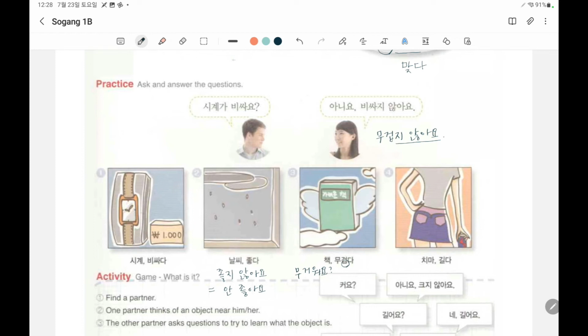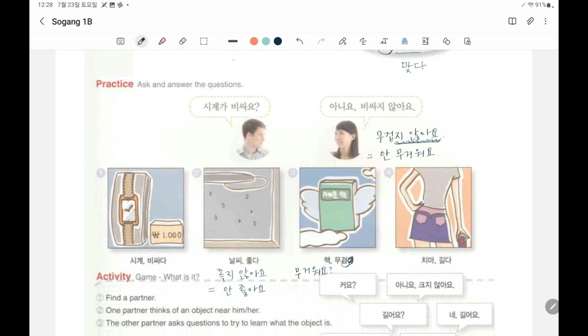So you just get rid of 다 here and just put 지 않아요 at the end. So 무겁지 않아요. However, if you want to say 안 something, you need to conjugate it, isn't it? 안 무거워요. Done? So 지 않아요 seems simpler to use to avoid the conjugation, isn't it?